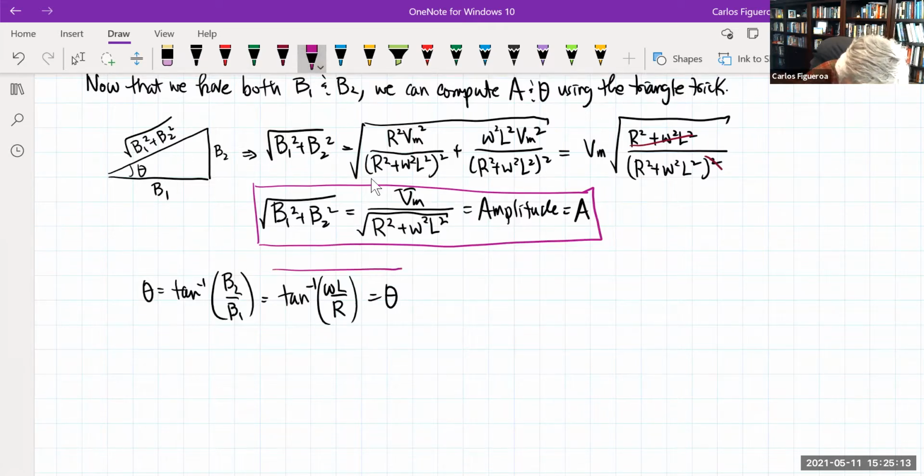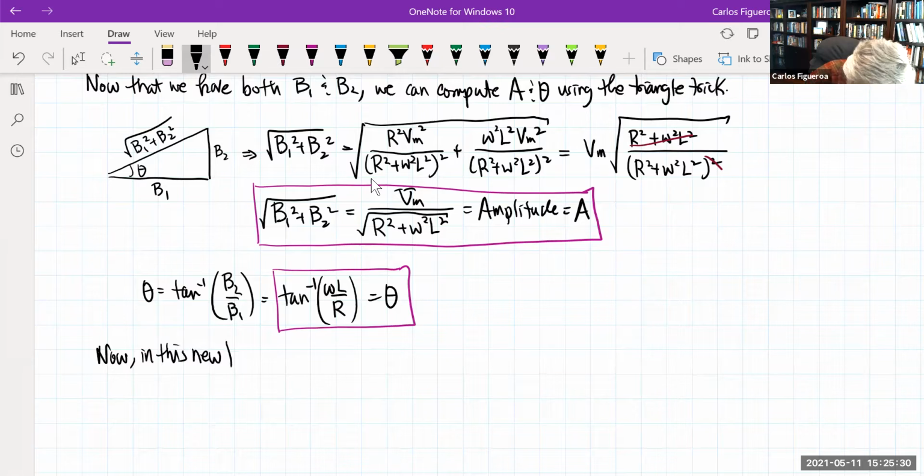Again, there's my phase. It's frequency independent. This is huge, right? Now, in this new language, we get that iL of t, and remember what we wanted to do here.